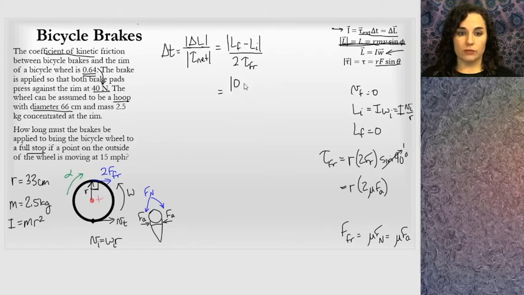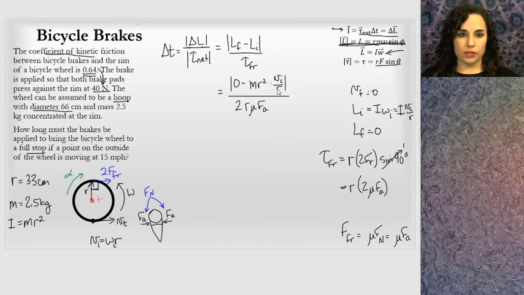I'm going to have the absolute value of 0 minus I. Well, I know what I is, m r squared. R squared times V initial over R, and that's an absolute value, divided by, I took the 2 forces of friction into account twice, so let me make sure that's accurate. I only need one factor of 2 in the denominator here, and then I'll end up with R mu times the force applied. Okay. So I have an equation together, and really all I need to do is some algebra and simplification here.